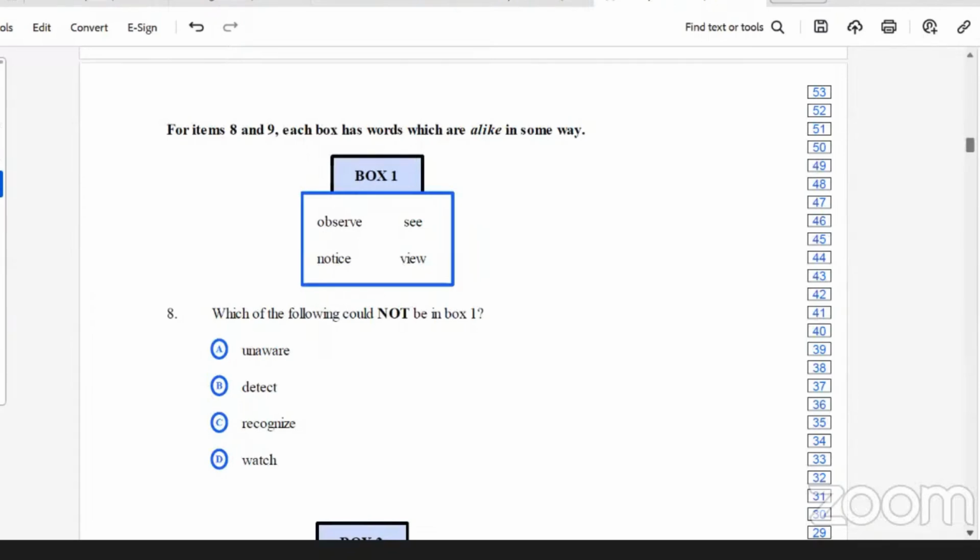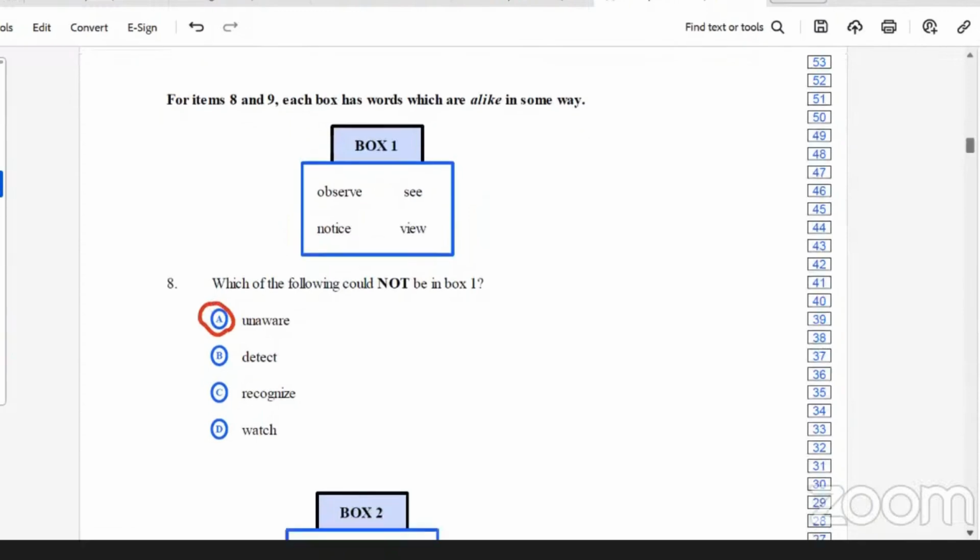All of those would be similar to observe, see, notice, view, but unaware would be unlike the other words in the box.